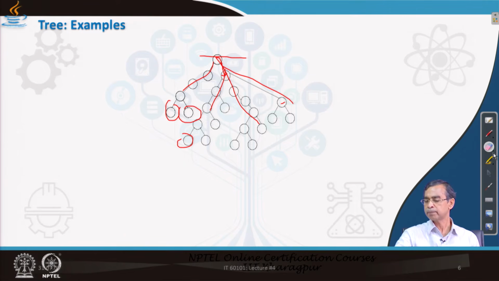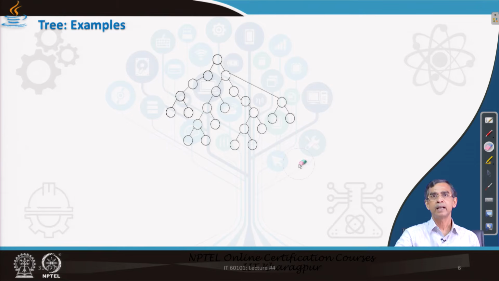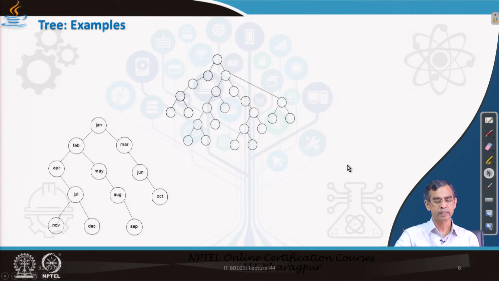So, this is the concept of the tree, and physically a theoretical tree, or a tree of computer science, looks like this as shown here. This is a general tree, but there is a special tree we will be discussing in this lecture called the binary tree. This is not a binary tree of course, we will see exactly what the concept of a binary tree is.